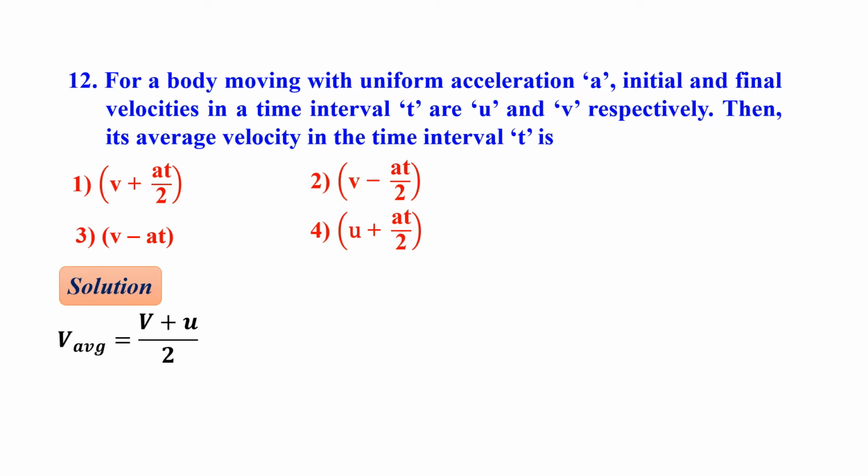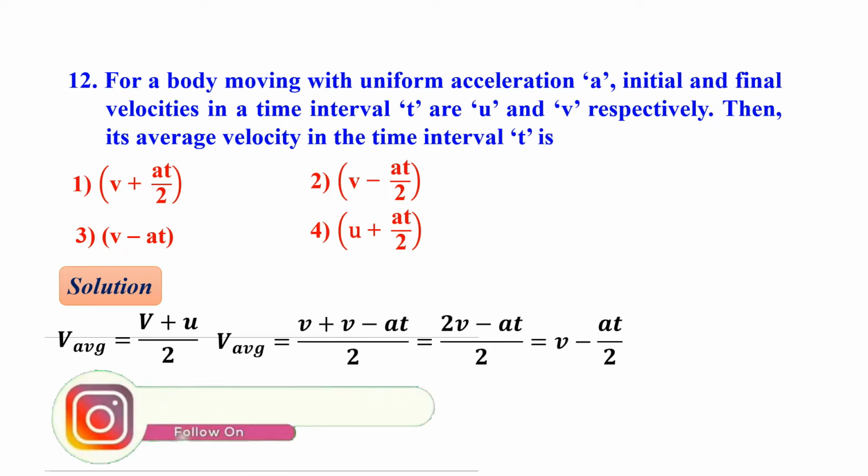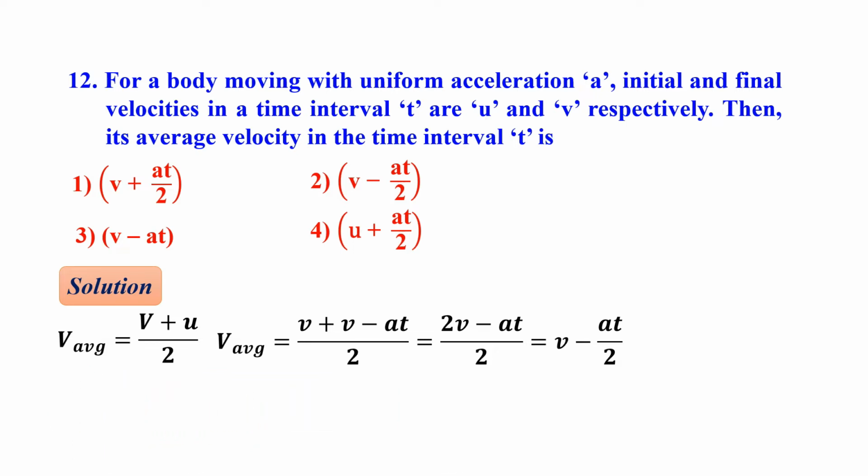V average equals final velocity plus initial velocity by 2. Here v is the final velocity and u is the initial velocity. Next, substituting, v average equals v plus (v minus at) by 2. So 2v minus at by 2.